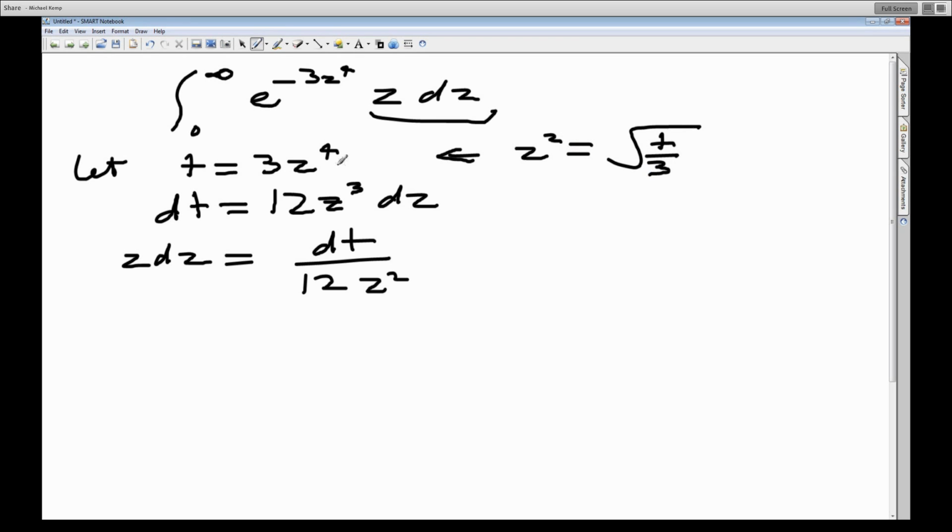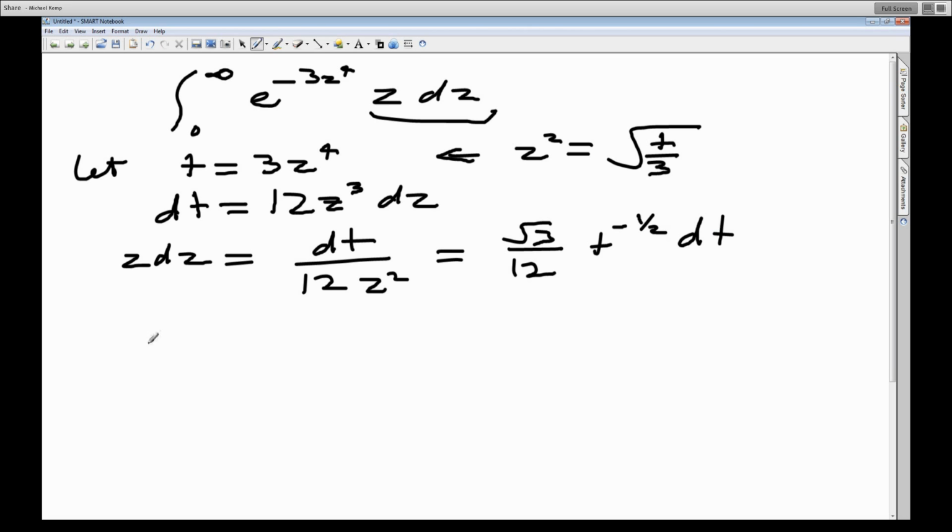So putting all these in terms of t's, this would be root 3 on 12, and it'd be 1 on root t, so t to the minus half dt.